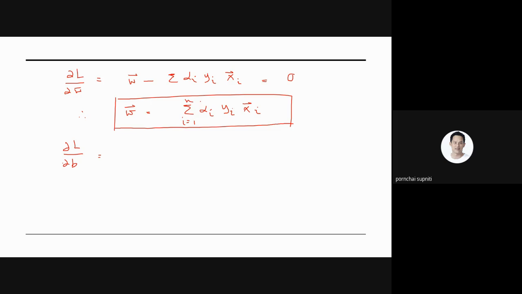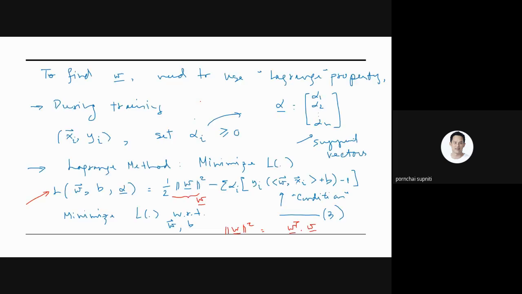If you differentiate L, the minimization value, with b: the first term you differentiate with b, you get 0 because there's no b in here. You differentiate the second term with b, all you have is just summation of alpha times y times b. You differentiate with b, the b term disappears.